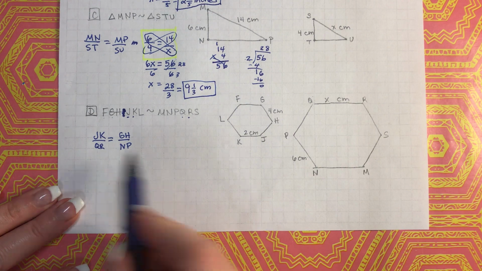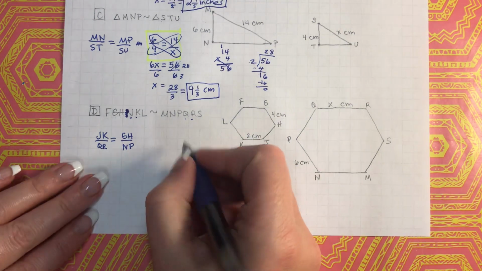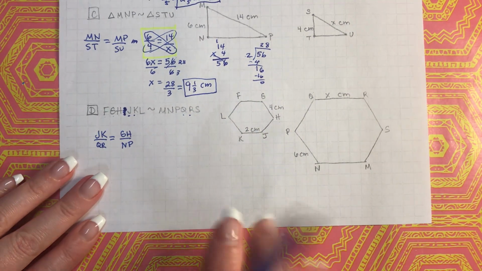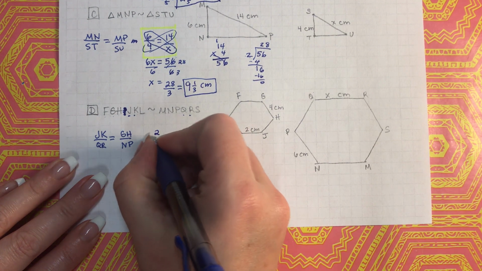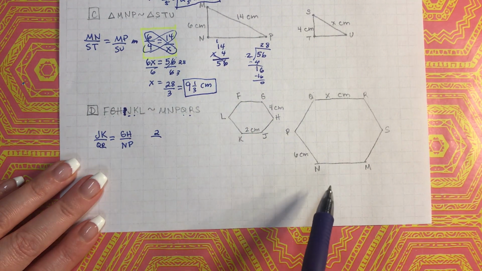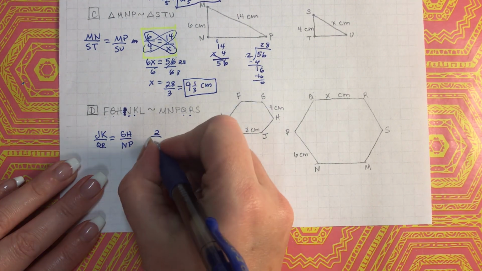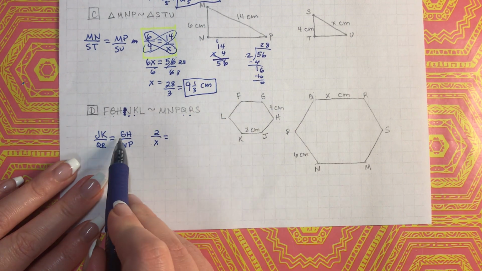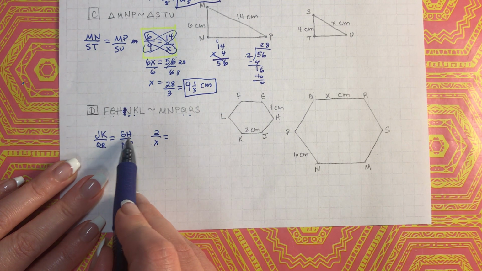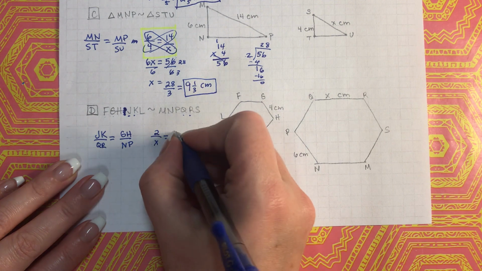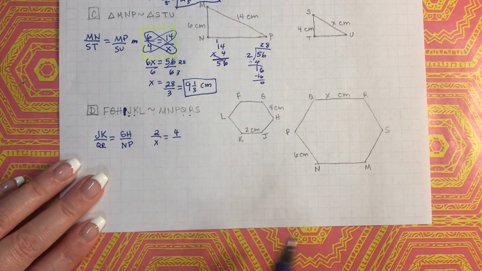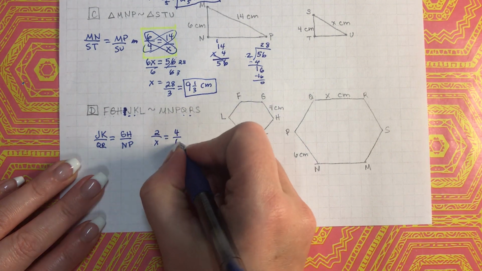So now let's substitute the values in. For JK, that is 2 over QR, which is X, equals GH, which is 4, over NP, which is 6, okay?